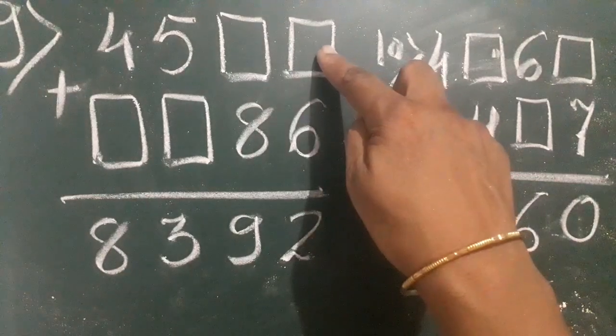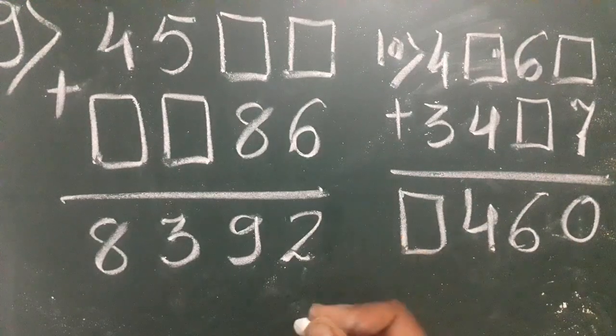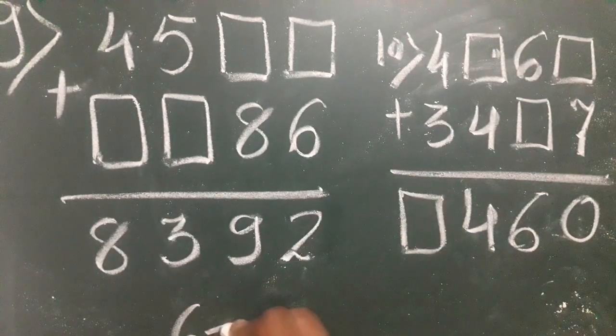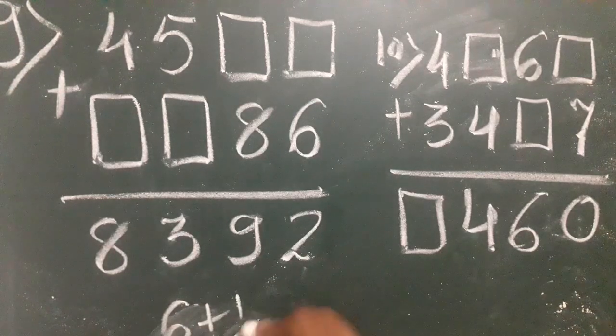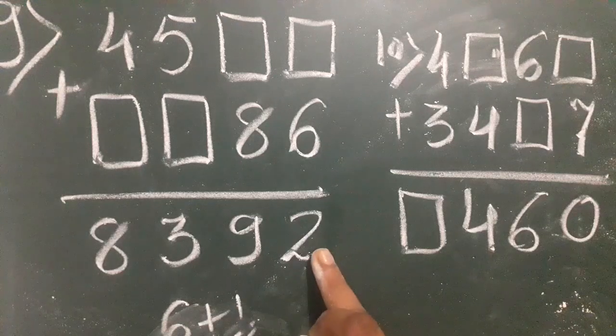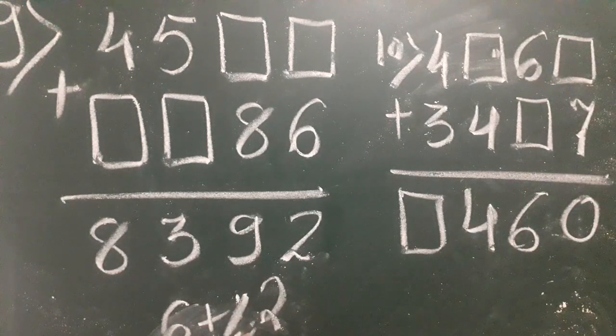6 plus which number? You get 2 here. Suppose you can think in this way. 6 is already there and if I start adding 1, then here you should have 9 which is not here. So 1 is the wrong option. Go with the next number, 6 plus 2, 8 which is not here. So this is also wrong.